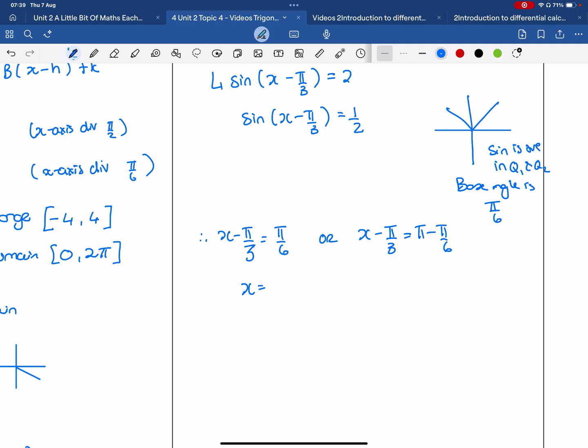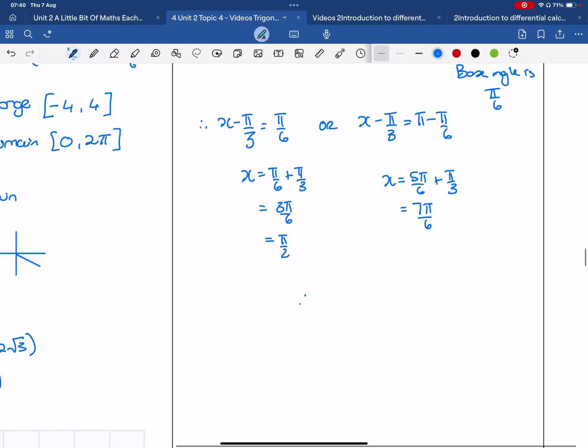So x will be pi on 6 plus pi on 3, which becomes 3 pi on 6, which is pi on 2, or x will be 5 pi on 6 plus pi on 3, and that becomes 5 pi on 6 plus 2 pi on 6, 7 pi on 6.